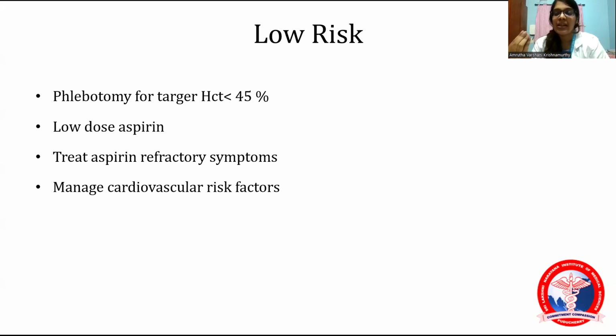Each session of phlebotomy can reduce the hematocrit by almost 3%. How many sessions every person needs depends on what hemoglobin the patient presents with. And there is a target hematocrit. Commonly it is 45%, but in females the target hematocrit is 42%.